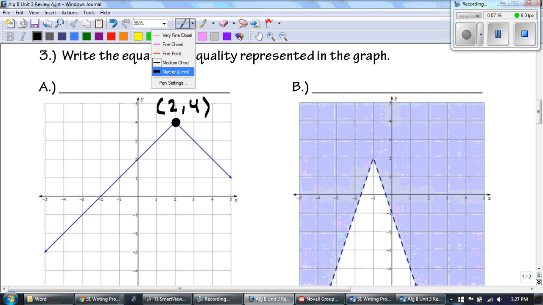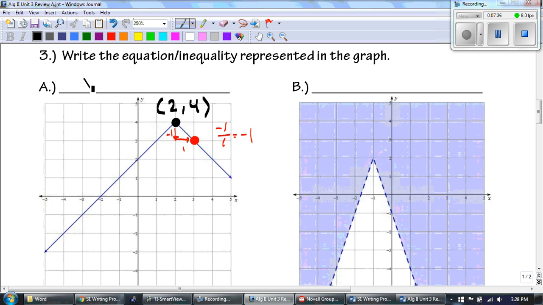After we look at the vertex, I need to find my average rate of change. So I find another point where it crosses, and then I need to look, how do I get from point to point? Well, I go down 1 over 1, so -1 over 1 is -1.